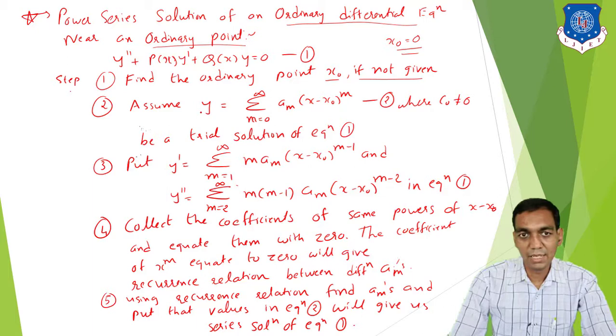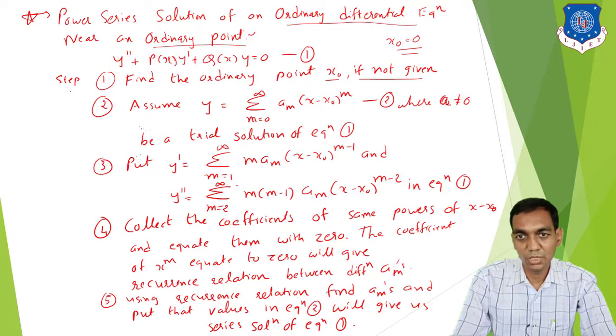Secondly, assume that y = sigma m running from 0 to infinity a_m (x - x0)^m, where a0 is not equal to 0.